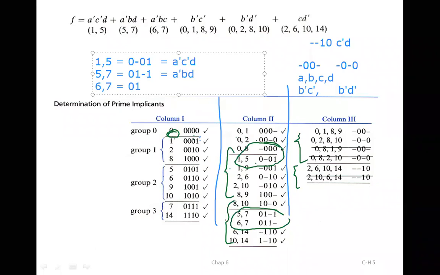It is 0 1 1 hyphen, which is equal to A bar, B, C. So how many prime implicants do I have? Totally 6 prime implicants I have. Now I have to find the essential prime implicants using the prime implicant table. So we have to go to the next step, the prime implicant table.